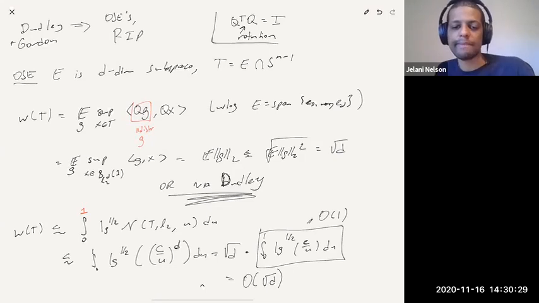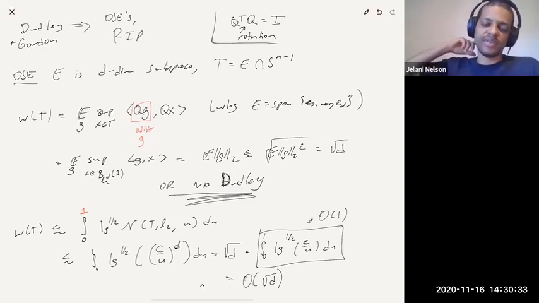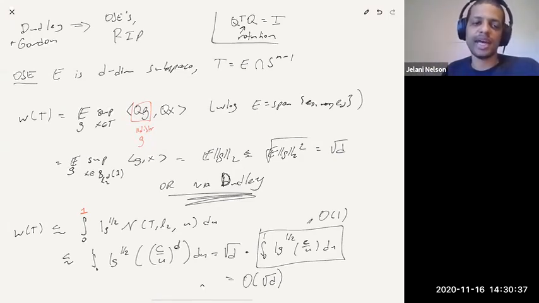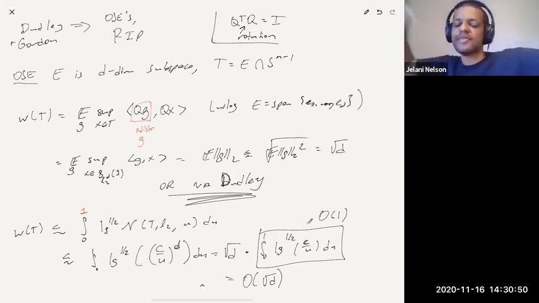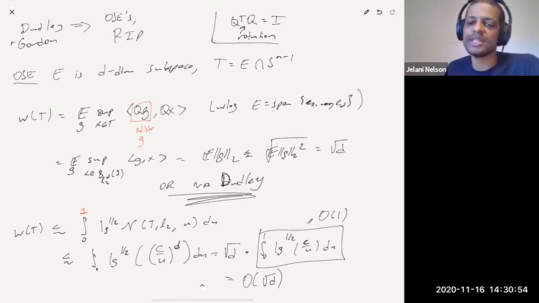Okay. And it's honestly very similar for RIP. For RIP, the observation is that I'm trying to preserve n choose k different subspaces, one for each choice of which k coordinates define the sparsity pattern.